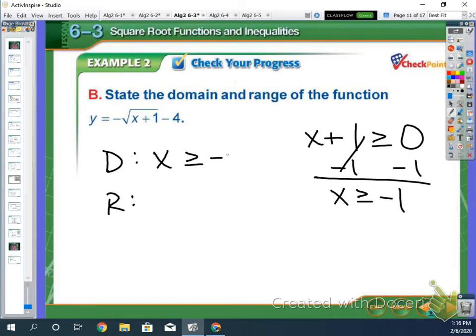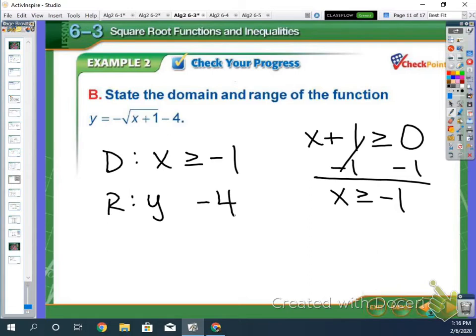And now again for your range, you need to be thinking, all right, let's say the square root is 0. So this is negative 0, which is still 0, minus 4. That's a negative 4. But we have to think about one more thing.